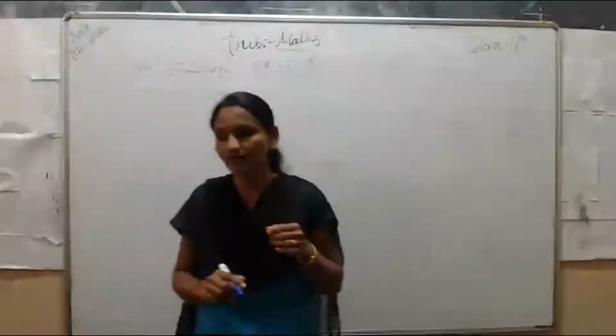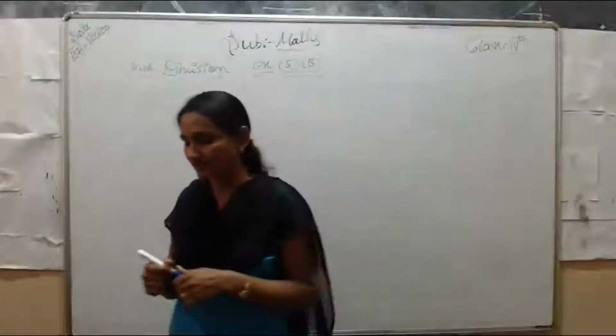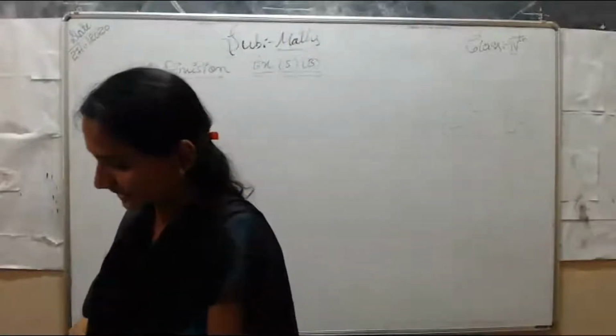Students, this is the first exercise in 5B: divide and check your answers. I solved two questions in today's class, and the remaining questions I will give as today's homework. Okay, students, what is the first meaning? Divide and check.